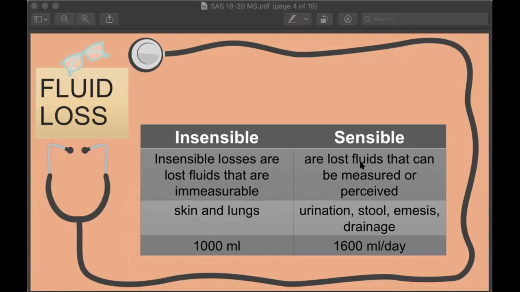And these are actually 1,600 ml per day. Clear? Okay. So in sensible, we have the losses from the evaporation of fluids through the skin. It also depends on the body surface of a person, if you're quite small, quite big, a kid or an adult.